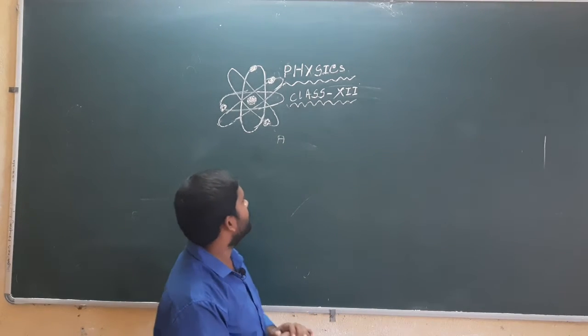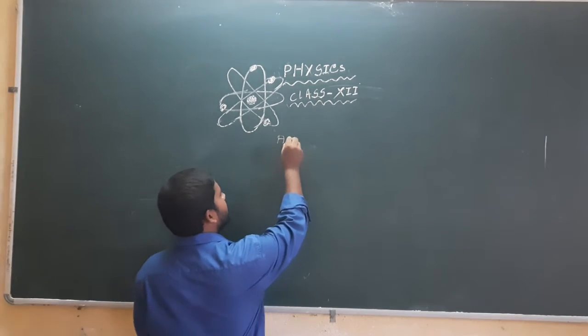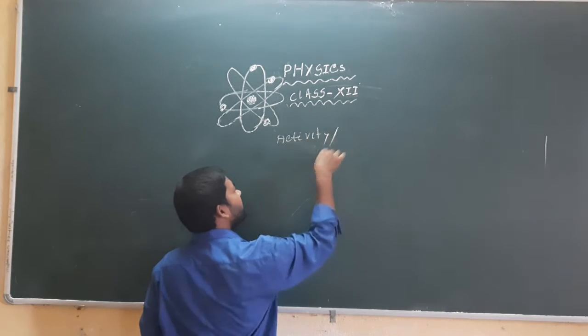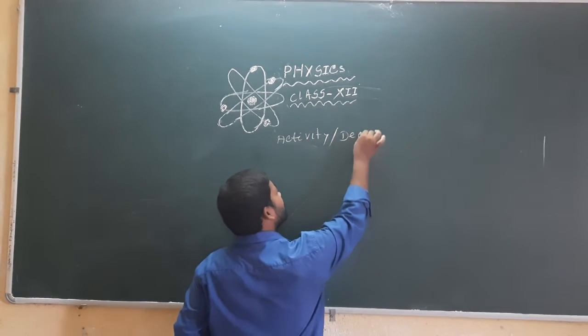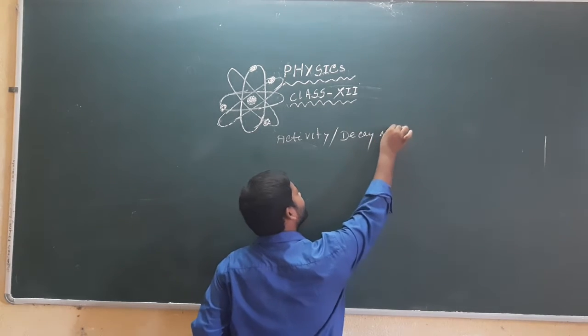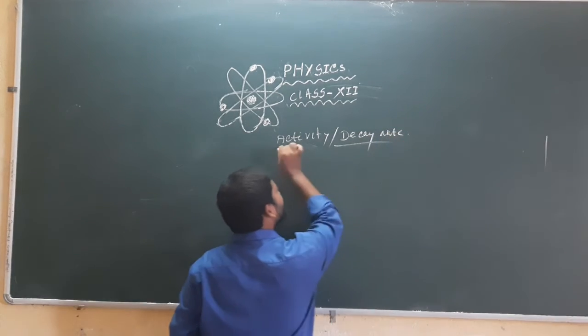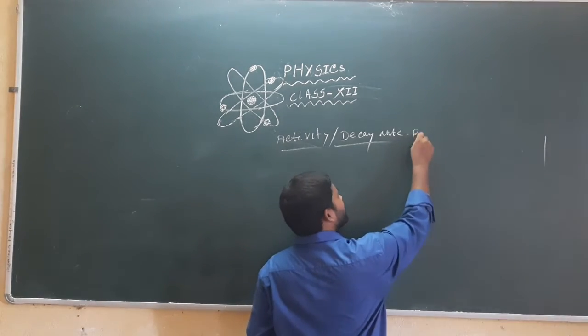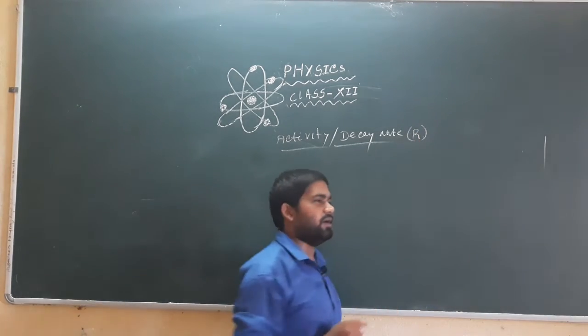So when we discuss activity, or simply the decay rate, we symbolize it by R.